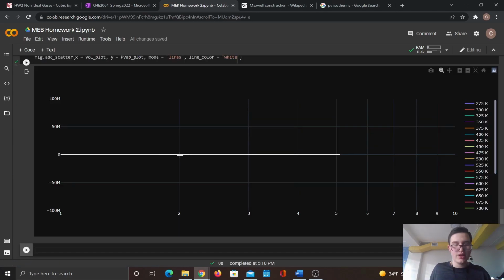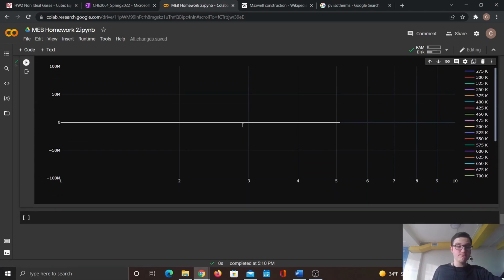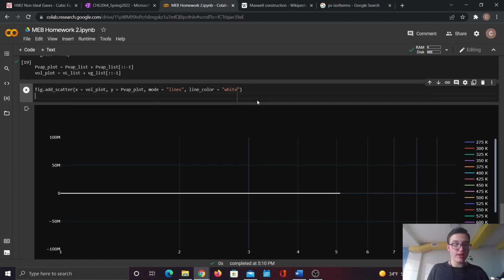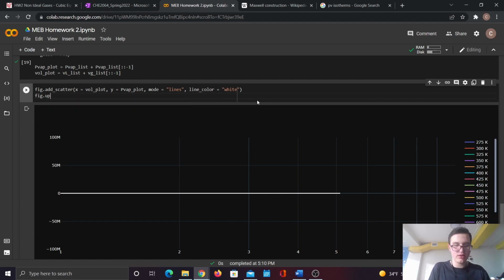It is still, it's still like that. Oh no. Right, x-axis is in logarithmic scale, so I forgot that. Fig dot update x-axis.